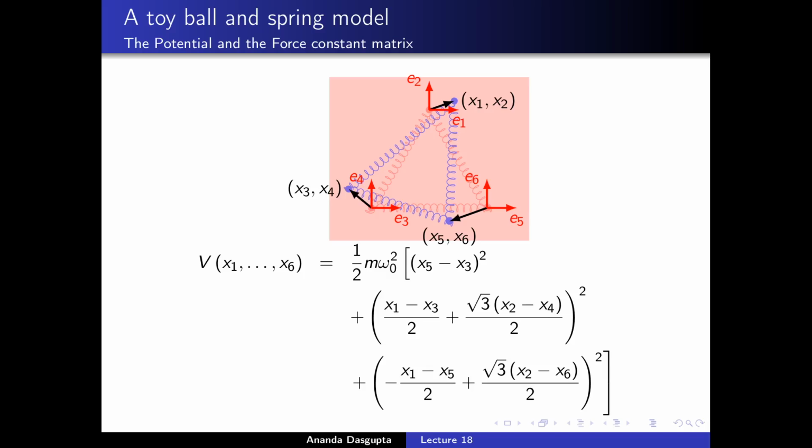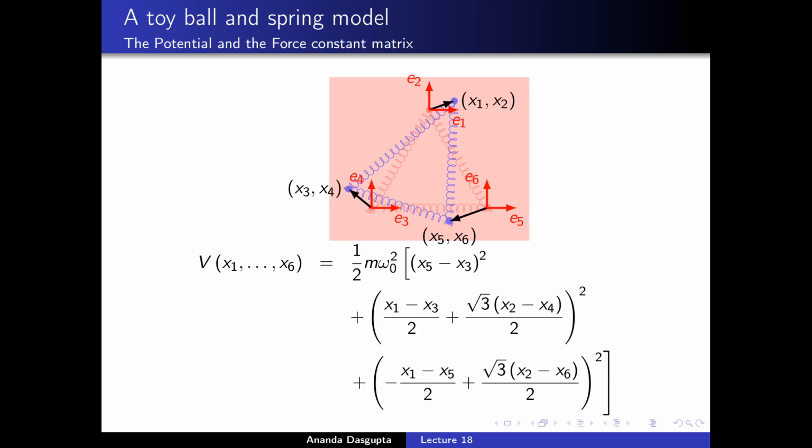Now if you look at any one of the other springs, let's say the left hand inclined one, the two endpoints have been displaced by different amounts, and the horizontal component of delta r here is x1 minus x3 and the vertical component is x2 minus x4. This has to be dotted with the unit vector in the direction of the spring, which is half in the horizontal direction and root 3 by 2 in the vertical direction.